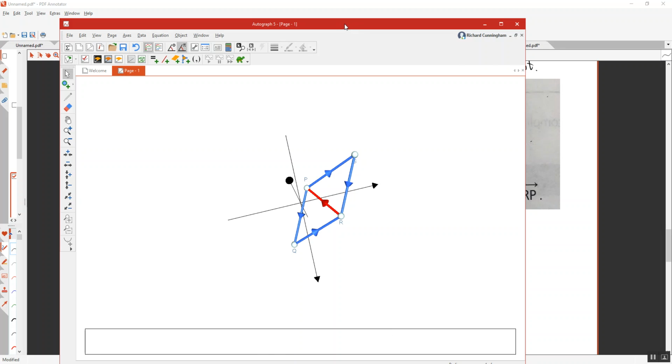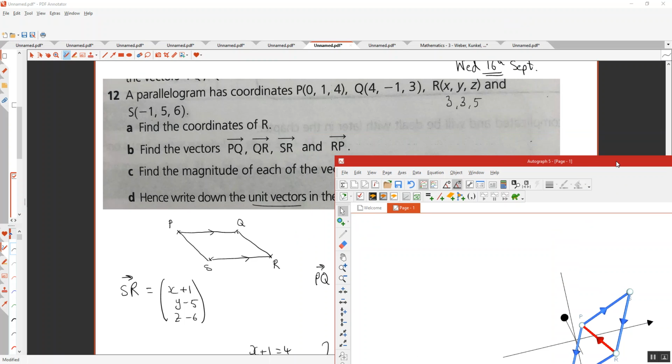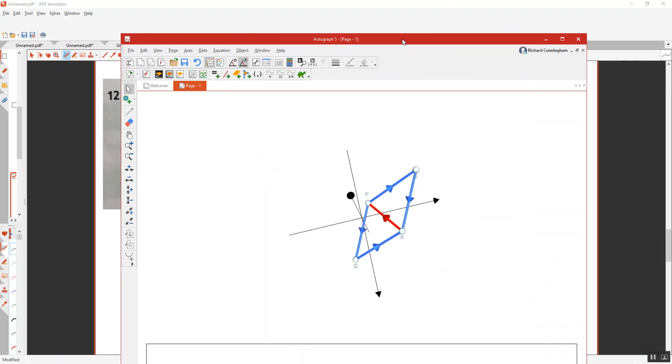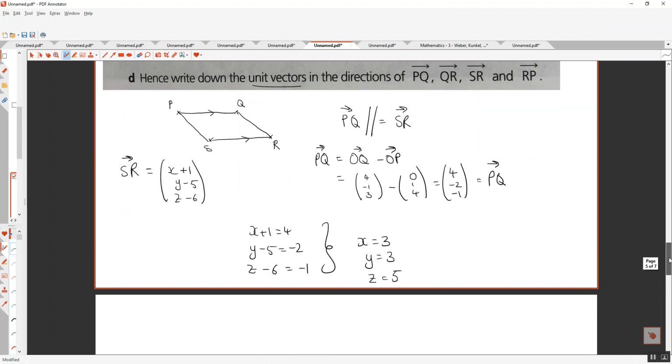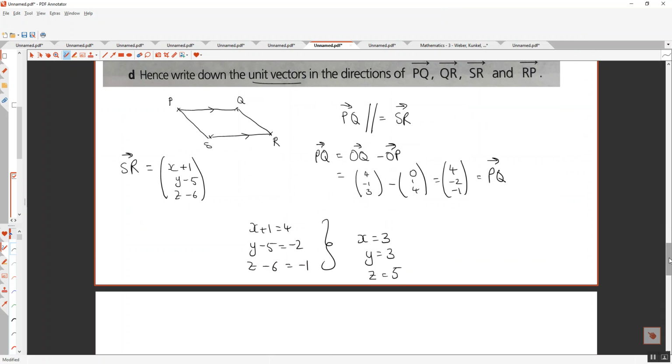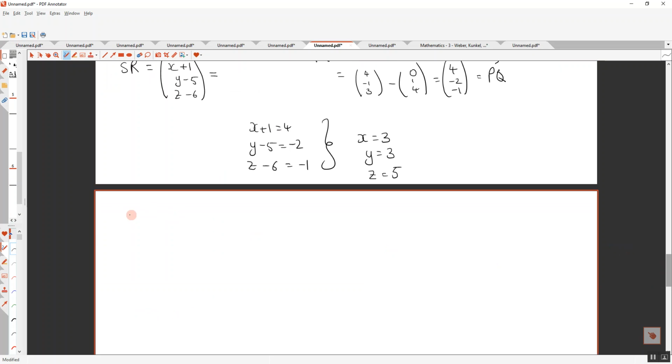So our next part is to find the vectors PQ, Q to R, S to R, and R to P. That should be straightforward, just plugging in our values of x, y, and z into each of these. Now S to R, I'll just do it down here for part B. We said S to R is the same as P to Q, so that's just 4, -2, -1.